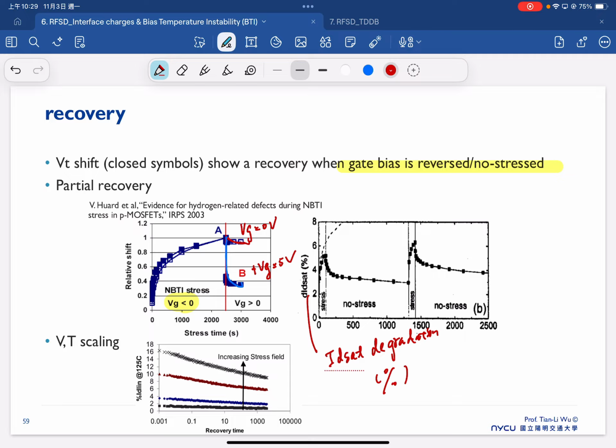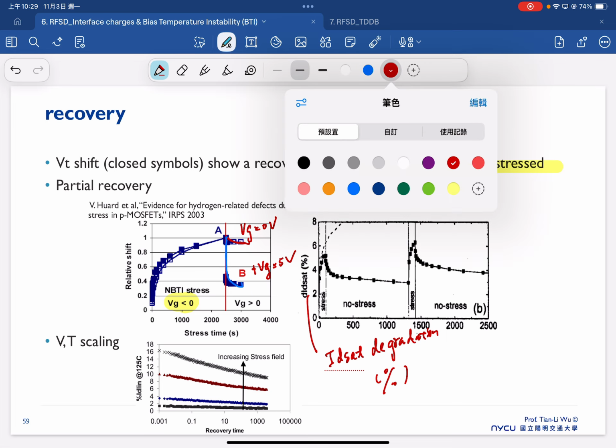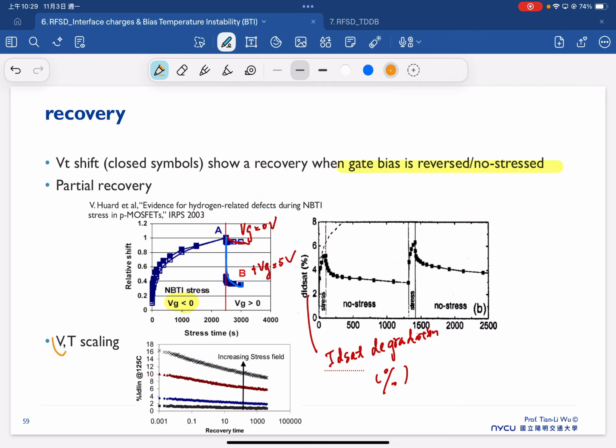It's also very important to find out that this recovery has a certain dependency on voltage, and also on temperature. High temperature and low temperature will cause a completely different recovery scenario.